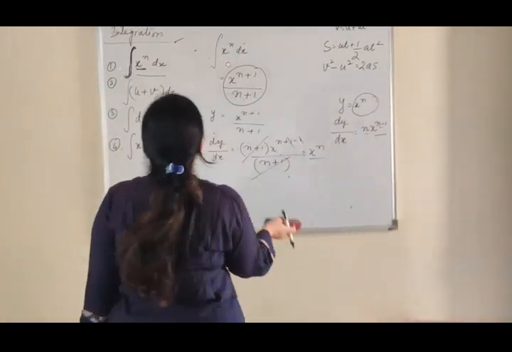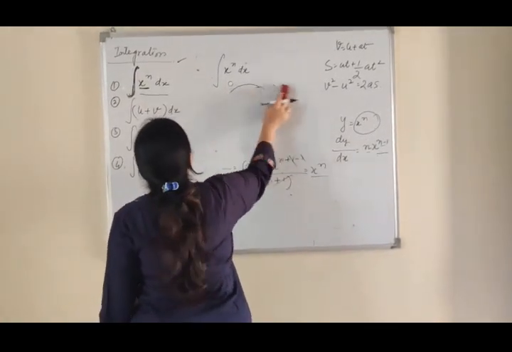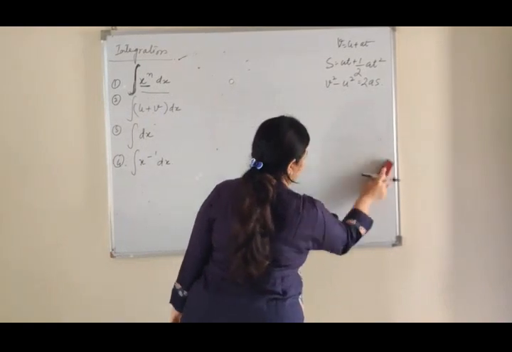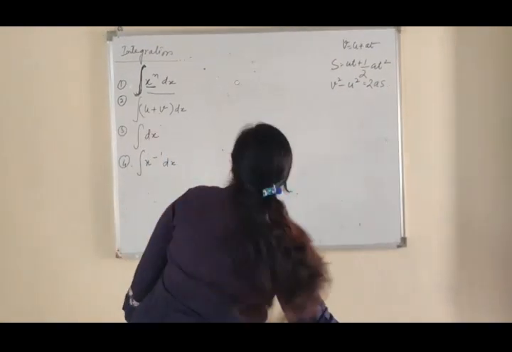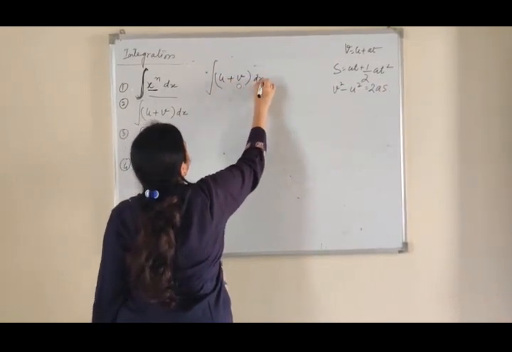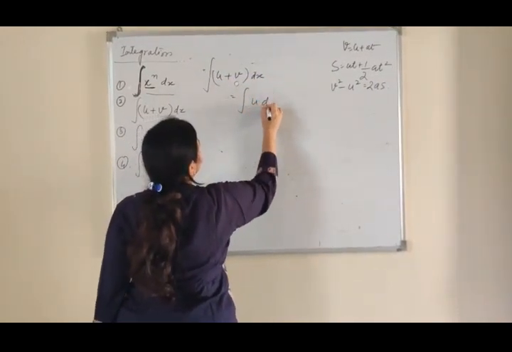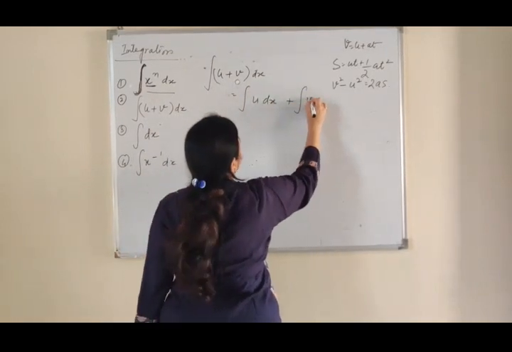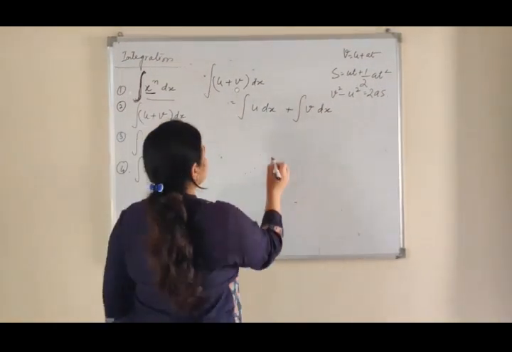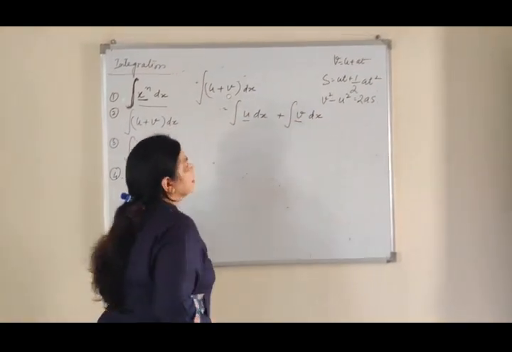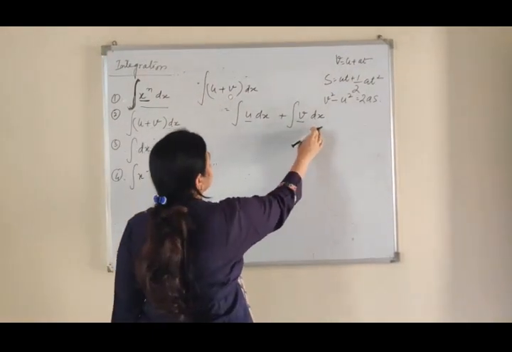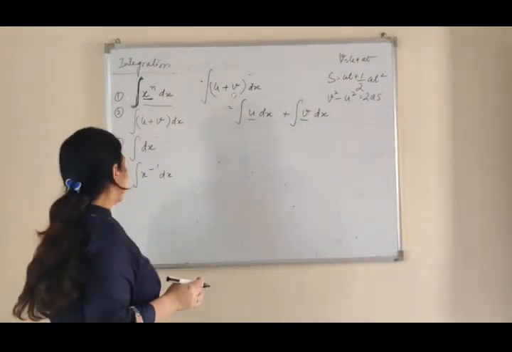Now the next formula that will be used is if you are having the integration of u and v both, then integral of u plus v dx, we can write it as integral of u dx plus integral of v dx. Now you can see that here u and v, they are both the functions of x, so we can integrate them separately with respect to x.